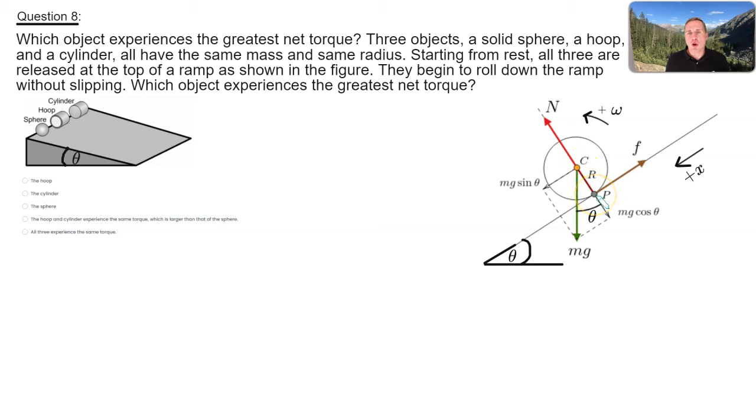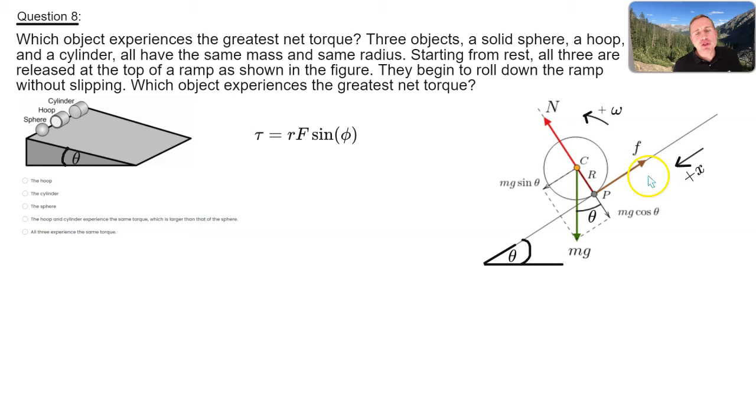Now, the torque is going to be given by the static friction force times the radius. How do I know that? So hopefully you know that torque is r times F times sine of phi. Many of you have probably learned this. Torque is tau, r is the radius, which I'm going to put in as capital R in just a moment. F, the force, is the friction force, that's lowercase f.